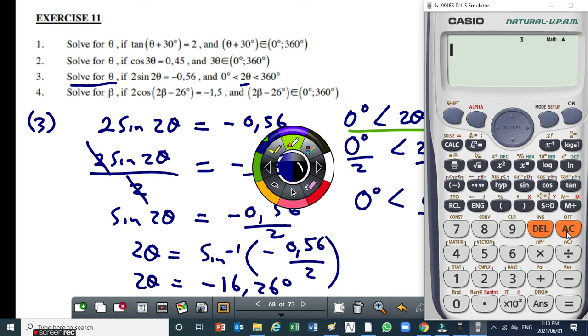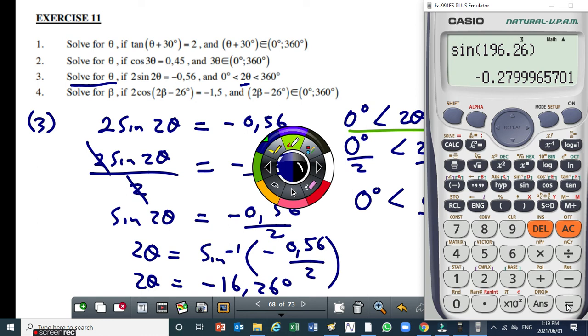Now let me put sine of 196.26. Hope you are following me. It's negative 0.28. Okay, I think you didn't follow it properly.